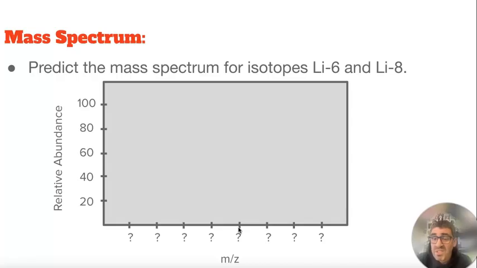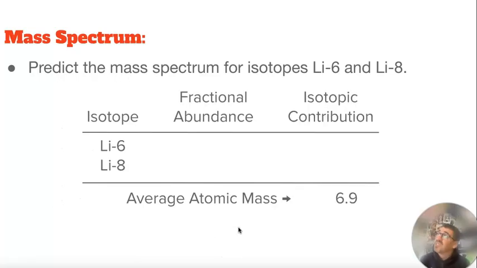Well, the one piece of information that we're going to use is the average weighted atomic mass of lithium that is shown on the periodic table, which is about 6.9. Now, in order to predict the mass spectrum, we need to know the relative abundance of the isotopes, which you might find familiar to something that we did in a previous chemistry class.